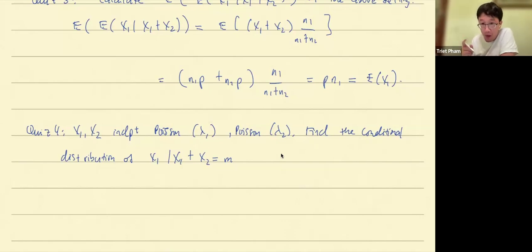Well, actually, we start with what? We start with the support, right? What is the support of this random variable? What values can it take?